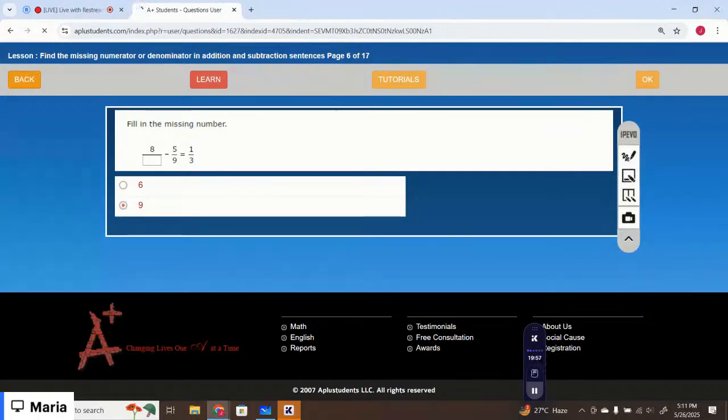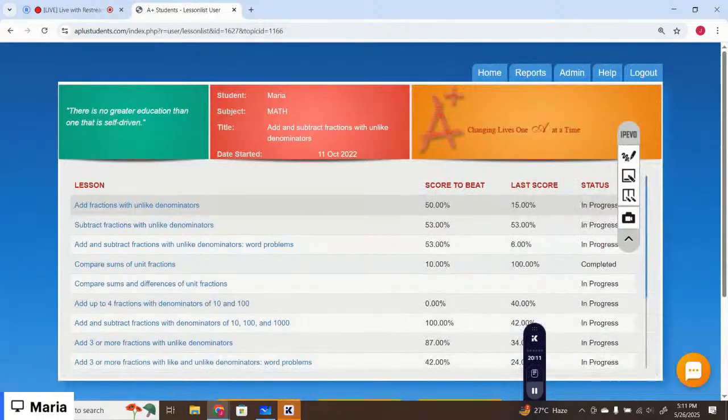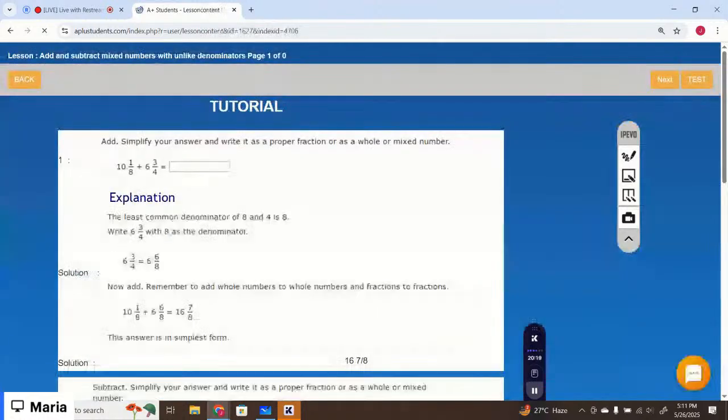Let me just move to the next lesson. The next lesson is add and subtract mixed numbers. So now we're going to add mixed numbers.